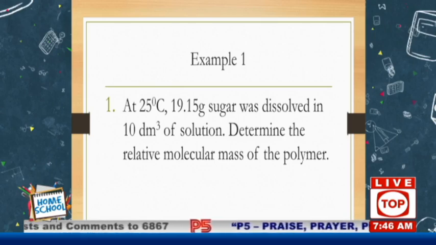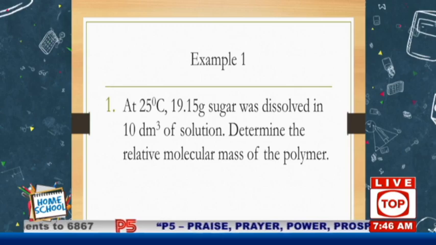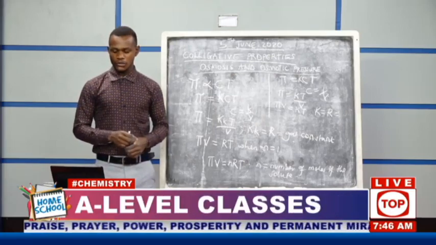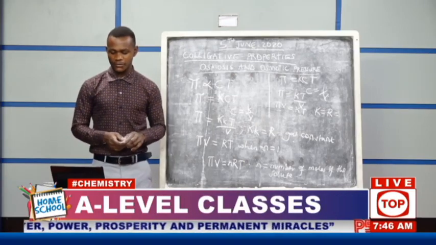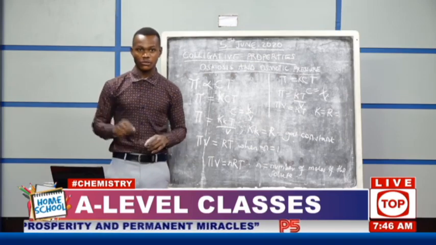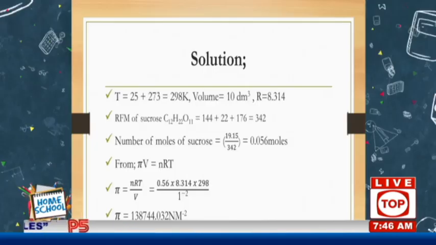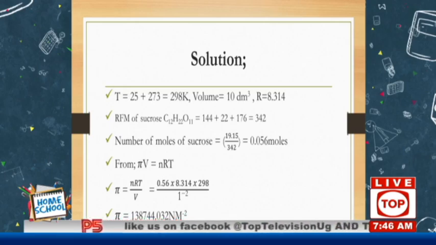Sometimes they can give you the RFM of the solute. The RFM was given, indicated properly in the question, as 342. We have said temperature 25, you add 273, you get 298 Kelvin.